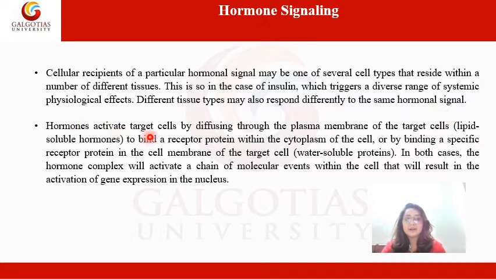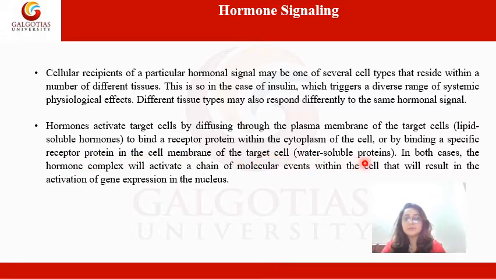Hormones activate target cells by diffusing through the plasma membrane of the target cells, that is lipid-soluble hormones. We'll be discussing them in much more detail in the coming slides. They bind to a receptor protein within the cytoplasm of the cell, or, for water-soluble hormones, to a specific receptor protein in the cell membrane of the target cell.